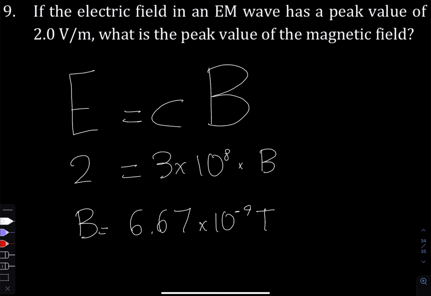Maybe you can call it nanotesla as well. And so this is for peak values. For RMS values, it also works. This was just a peak values example, but you could also do this as well. That also applies.